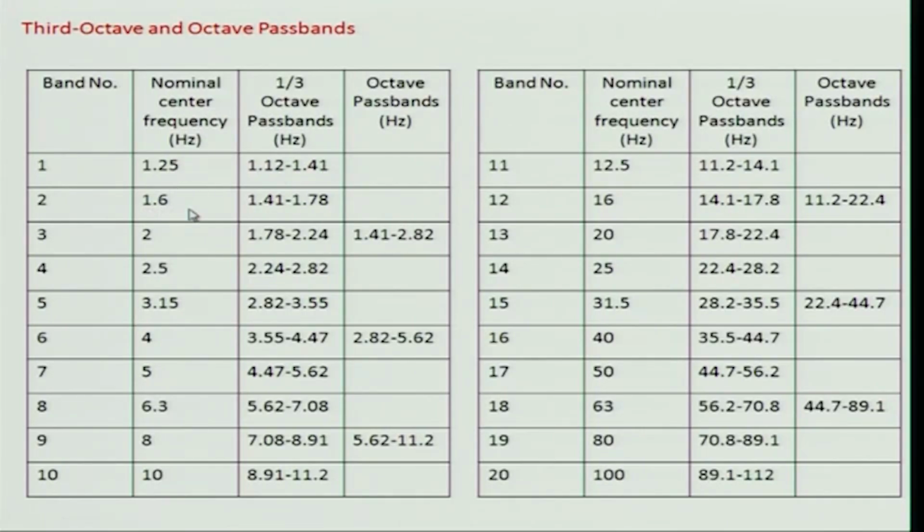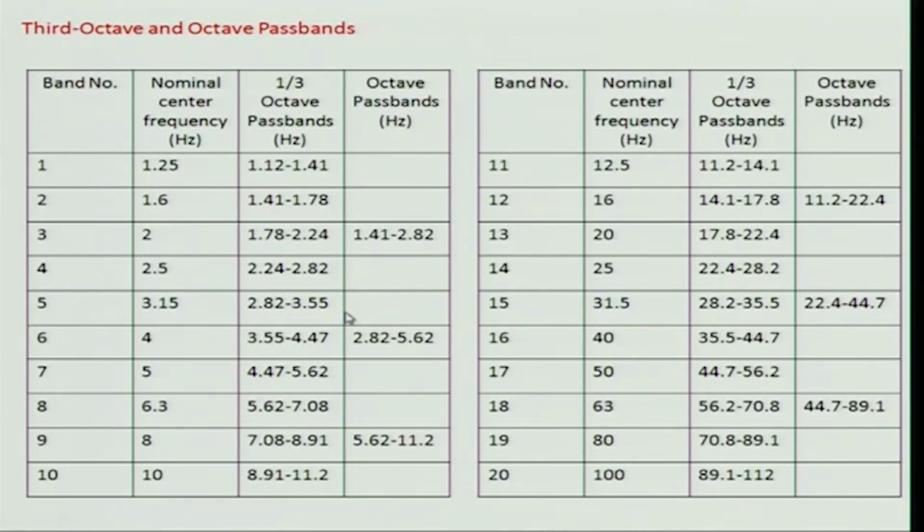This is the second 1/3 octave band, band number 2, and this is band number 3, and this also happens to be the center frequency of this octave band. This is an octave band. These are all 1/3 octave bands. So this is the frequency range for this octave band.